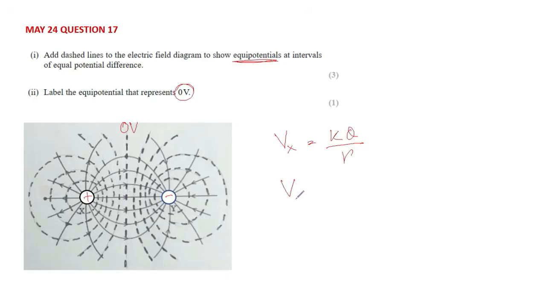And if I want to find it for Vy, it should be minus kq by r, because the charge determines the value of the electric potential.